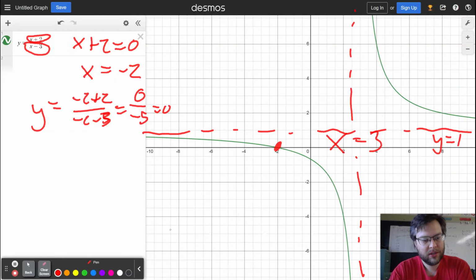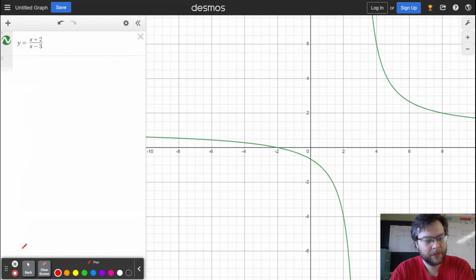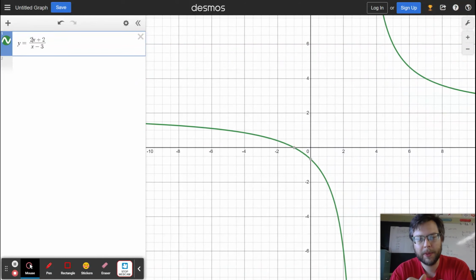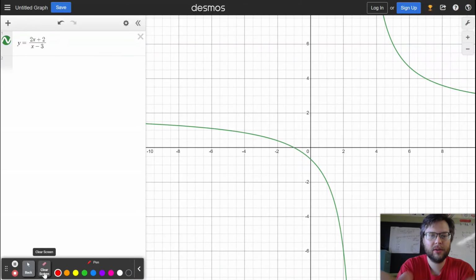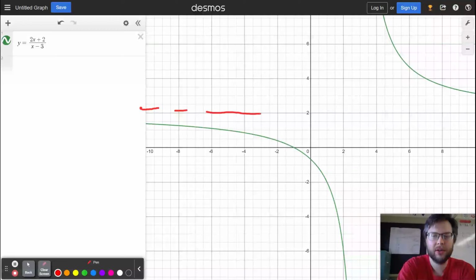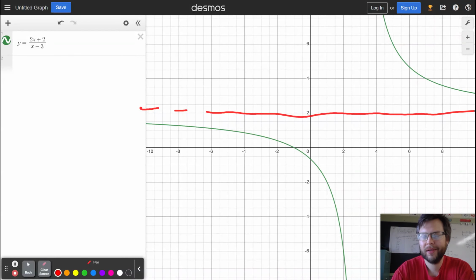If I change this function a little bit more, so let's make it instead 2x plus 2. Now, a couple things changed. My x-intercept changed to negative 1, and my horizontal asymptote changed to y equals 2. Why did it change to y equals 2?